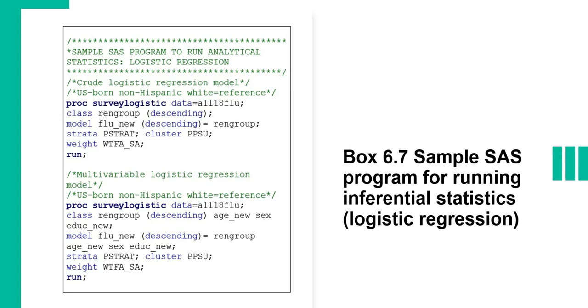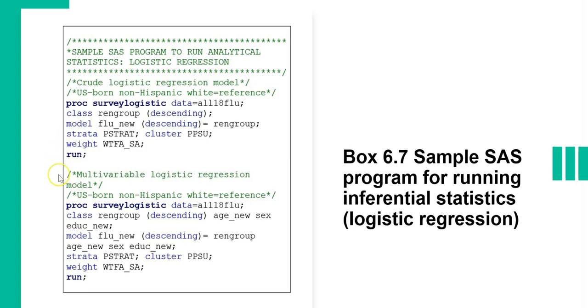I've included descending because I want the lowest level of the variable, whether it's 0 or 1, to be the reference group. Then I include the model statement, which includes the dependent variable equals the independent variable, and then the stratum, the cluster, and the weighting variables. I also have to make sure I put the run statement at the end.